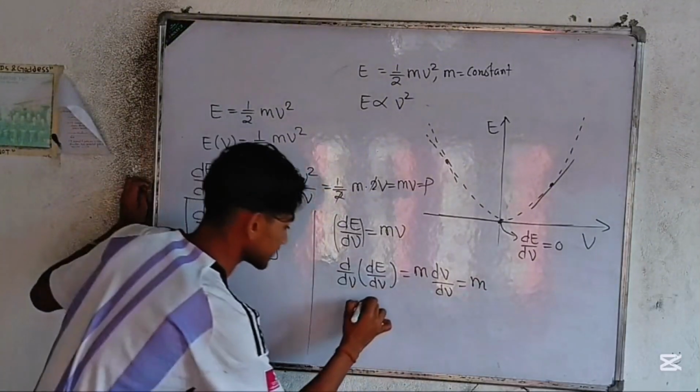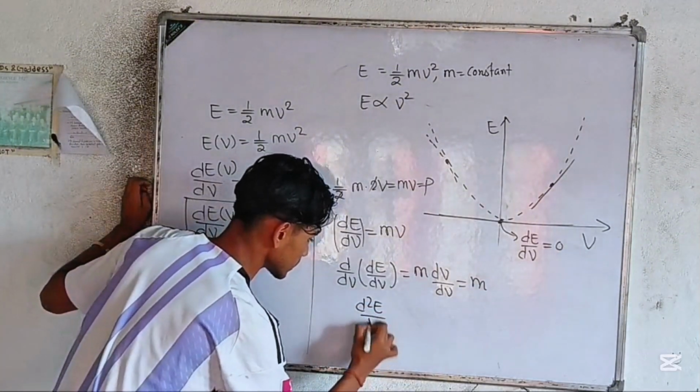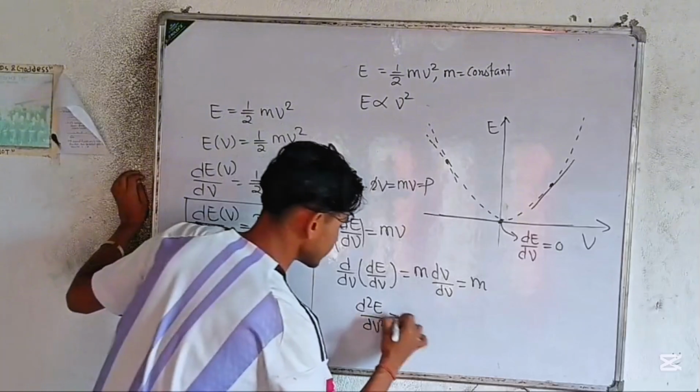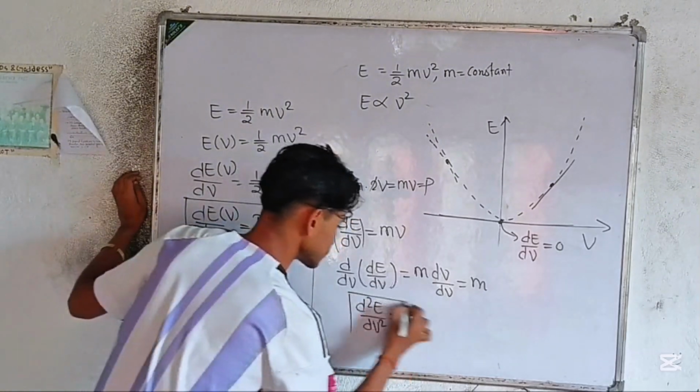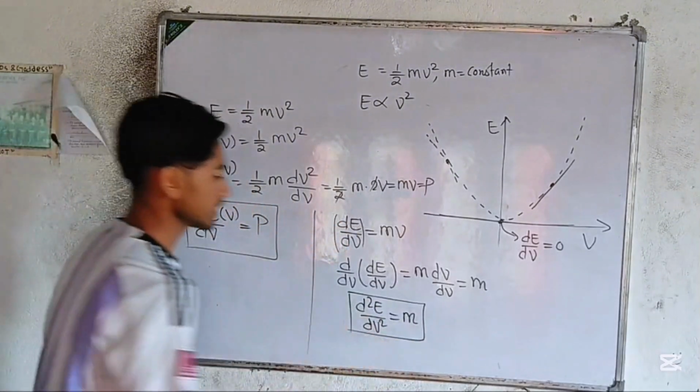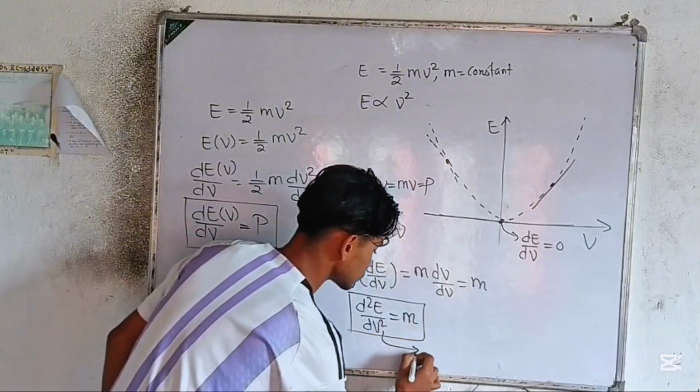So d2E over dV2 is the mass, and the second derivative gives you the concavity.